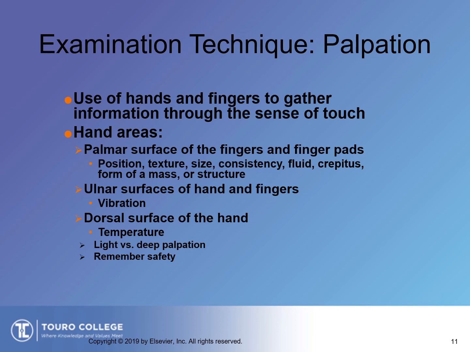We start from mild palpation to more firm palpation. When we're doing this, I'm looking for any fluid, crepitus, mass, or any structure that I may feel with my hands. And remember, you start with light and move to deep.